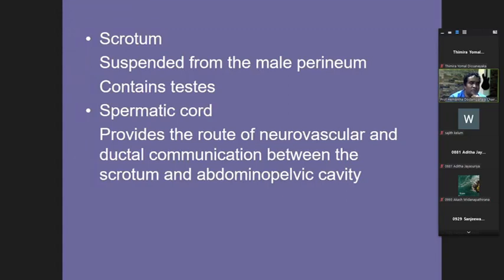The spermatic cord provides a route for neurovascular and ductal communication between the scrotum and the abdominopelvic cavity. It goes through the inguinal canal, and then it goes in the anterior space and joins to the prostatic urethra. So if you remember your anatomy, that is what I just want to remind you.